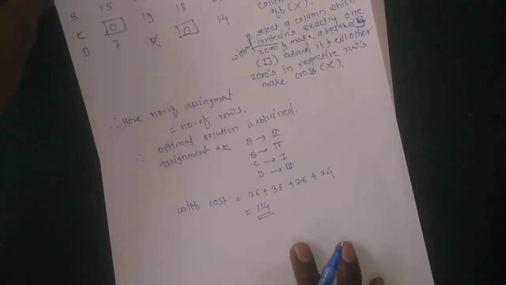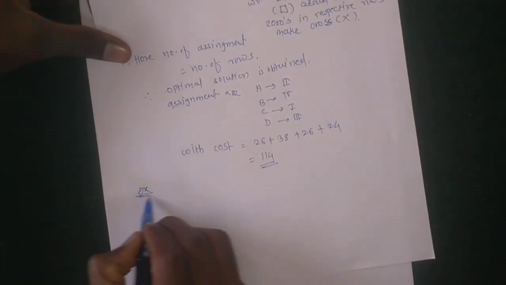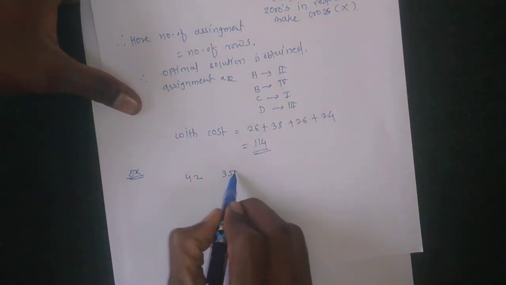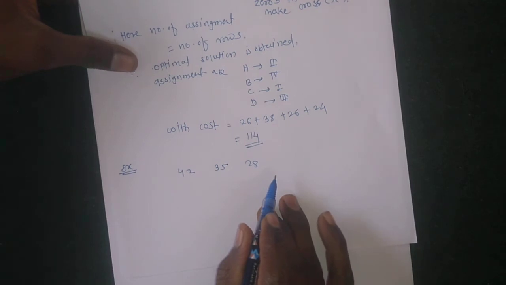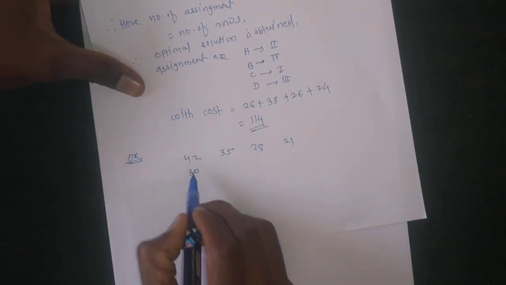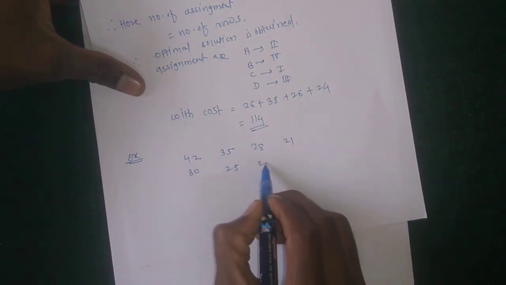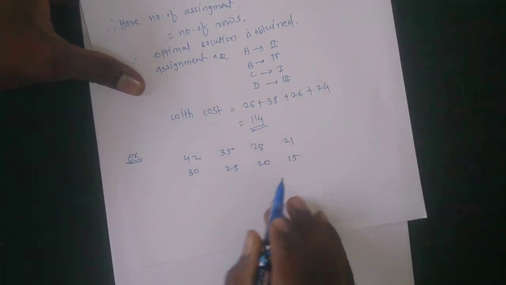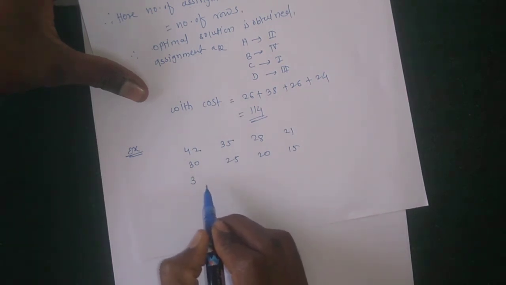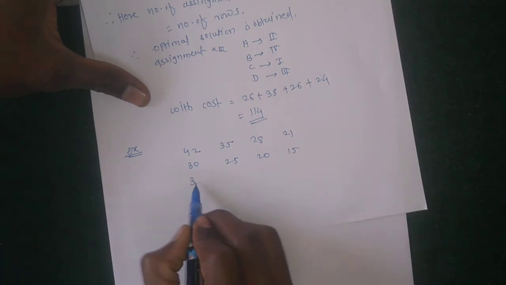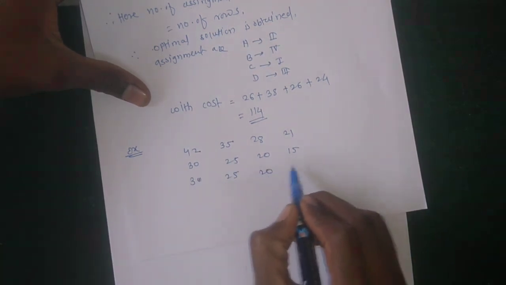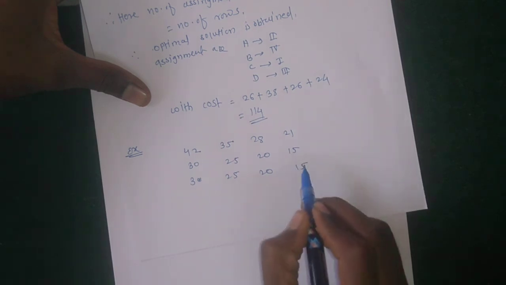Next example, we solve similarly. Here the rows are 42, 35, 28, 28, then 21, then 30, 30, 25, 20 and 15, then here 30, 25, 20 and 15.